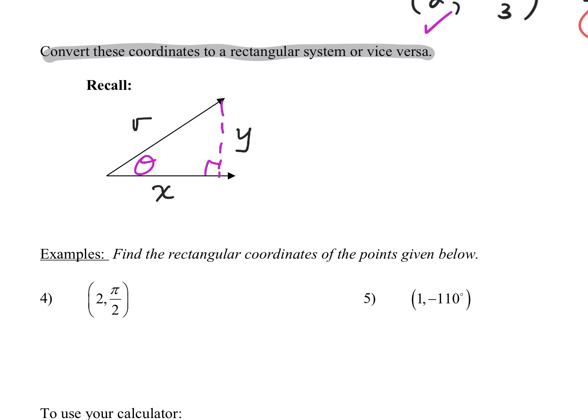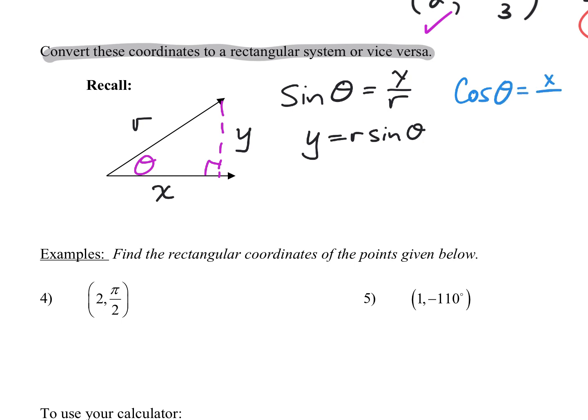We know that the sine of theta, in this case, would be y over r. And we could solve for y. We could find that y equals r sine theta. Similarly, we could do the same thing with cosine. We know that the cosine of that angle theta will be x over r.